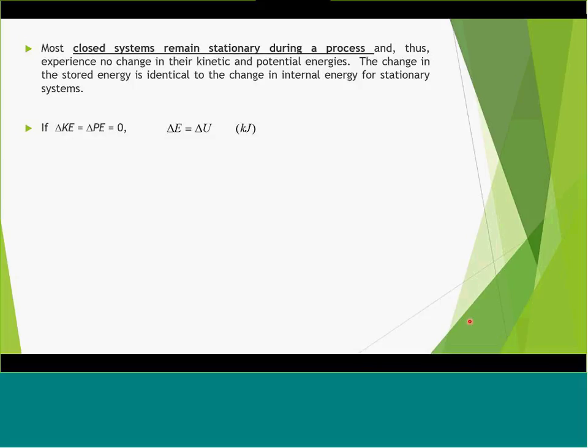So when you use a system with no changes to kinetic and potential, the change of the total energy is equivalent to the change in the internal energy. This occurs when you have a really closed system, when you heat up externally, so you actually heat the inner part.